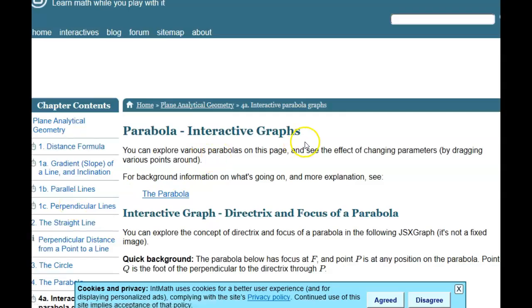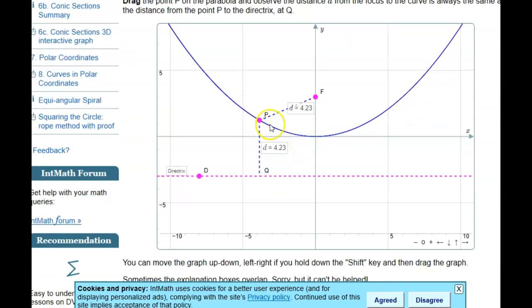This is a site we went to the other day, but I just want to again discuss that as long as we have the vertex and the focus and the directrix lined up, the distance from the focus to the vertex is equal to the distance from the vertex to the directrix, and those distances are p, as in the 4p that goes in the equation.